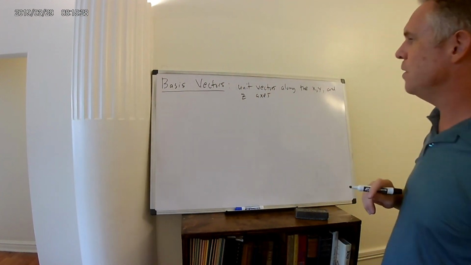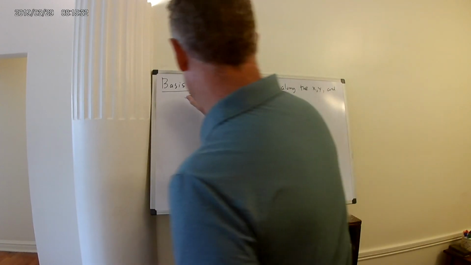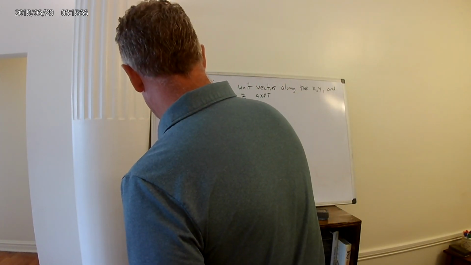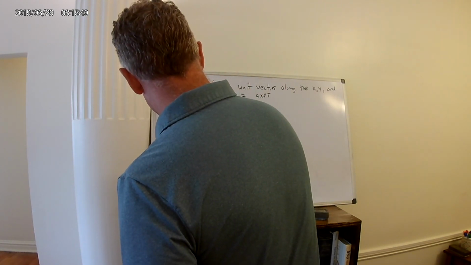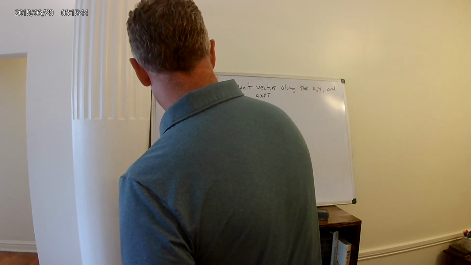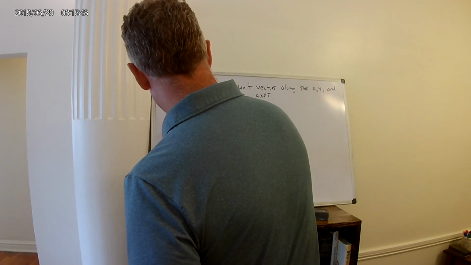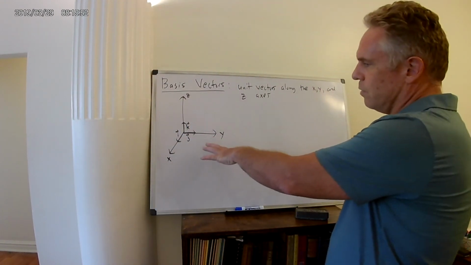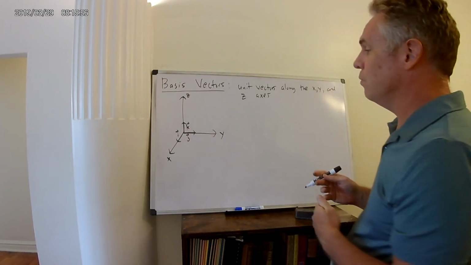And typically these vectors are represented with the letters I, J, K. So if I were to draw a 3D coordinate system here, this is x, y, z. The basis vectors point along these axes. I is for x, j is for y, and finally k is for z, okay? These basis vectors point along the respective axes but have a length or magnitude of 1.